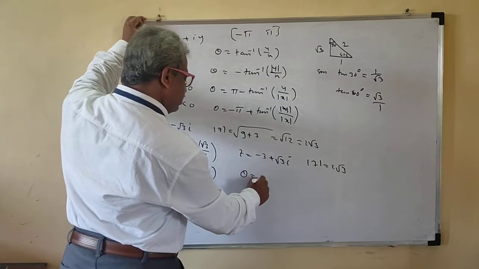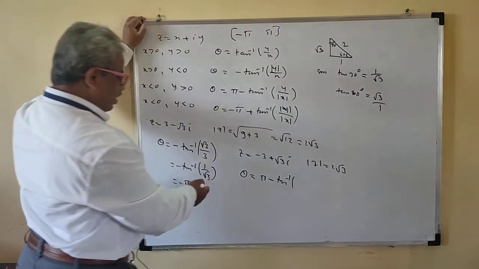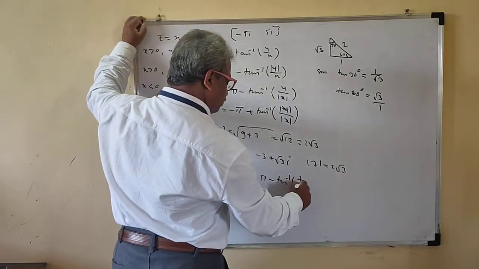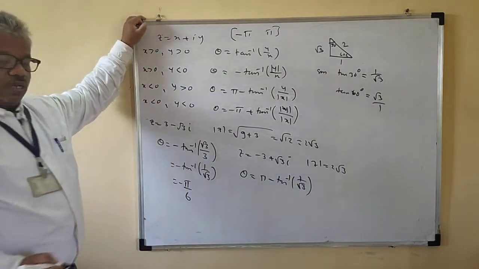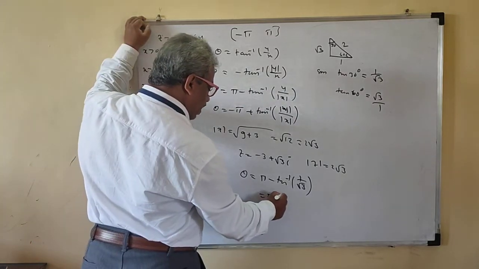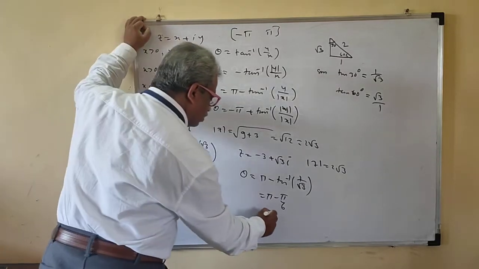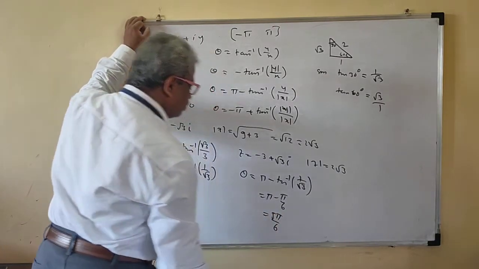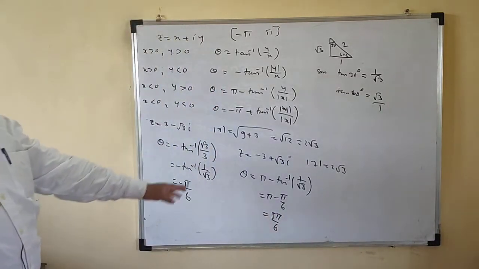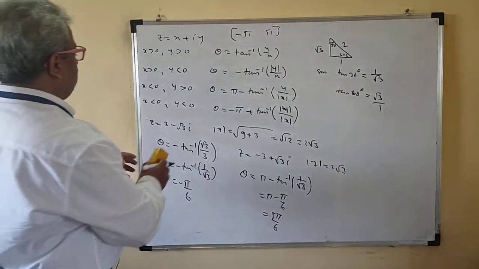So pi minus tan inverse of 1 by root 3. The tan inverse of 1 by root 3 is pi by 6, so pi minus pi by 6 is 5 pi by 6. So theta is 5 pi by 6. I hope you understand how to find the argument.